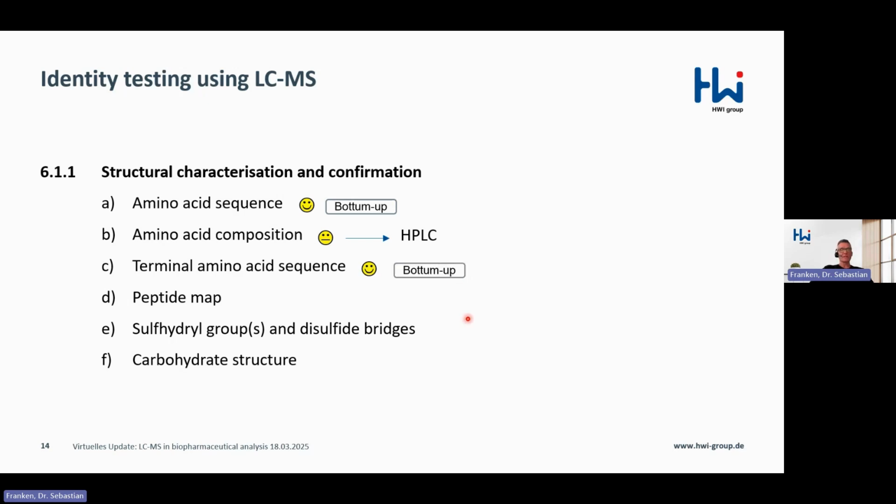Terminal amino acid sequence, we also, if we have a good sequence coverage, we should get it in the bottom-up mode of LC-MS. Peptide map anyway. Peptide map is peptide map, so this is done by LC-MS.